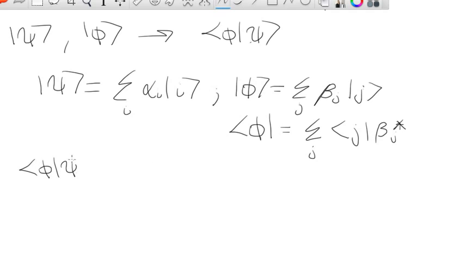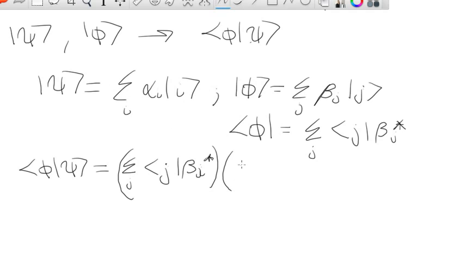So the inner product of these two vectors is equal to, let's just write them out explicitly first. Just writing down what we had over here, the bra of j, multiplied by this guy here, summation over i, alpha i, ket i. Now remember what we said before.